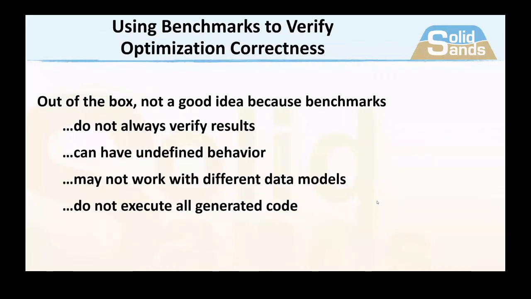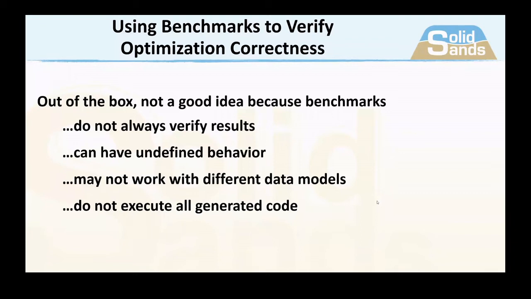Out of the box, benchmarks are not a good idea to look into compiler optimization testing, because they often only care about performance. So they test how good the compiler is at making a program faster, for example, but often they do not verify whether the result of the program is still correct.